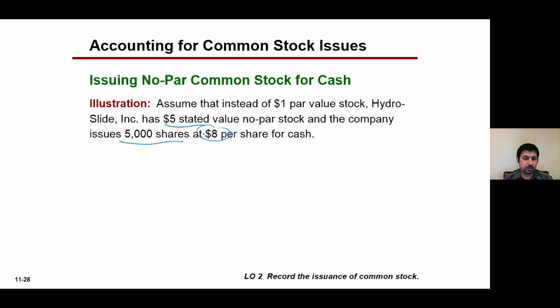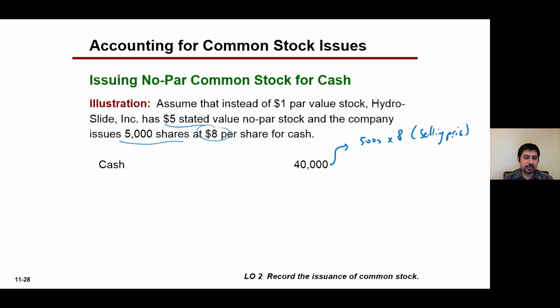The company will get cash of 5,000 multiplied by 8, which is 40,000.